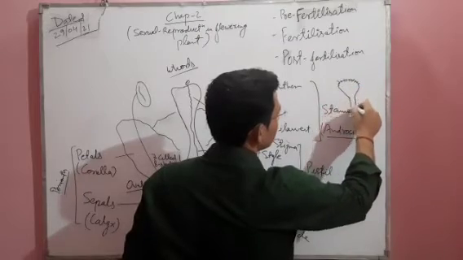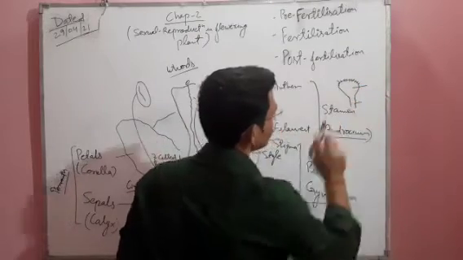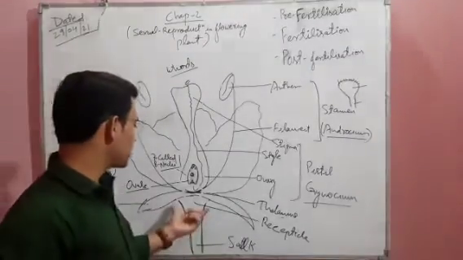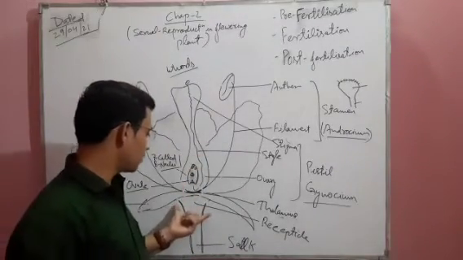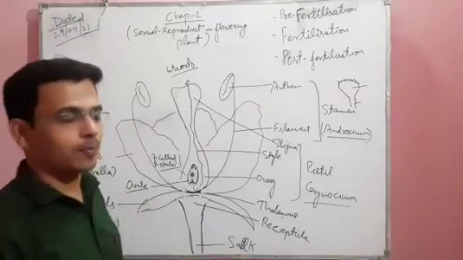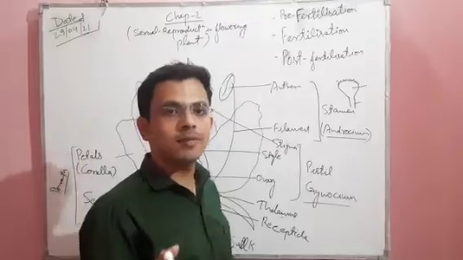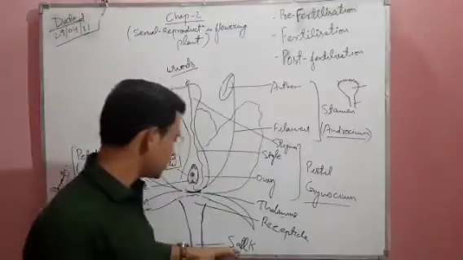This is called the thalamus, and this is called the stalk. The thalamus consists of all the floral parts grouped together. That is called the receptacle. That's why its name is recept, meaning receive.